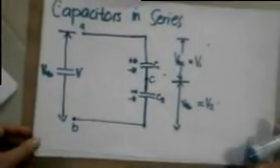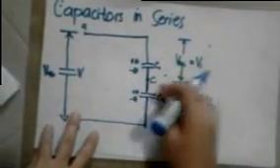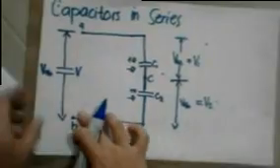We can write the potential differences from point A to C, C to B, and A to B. Potential difference from point A to C equals V1 equals Q over C1. Potential difference from point C to B is equal to V2 is equal to Q over C2.